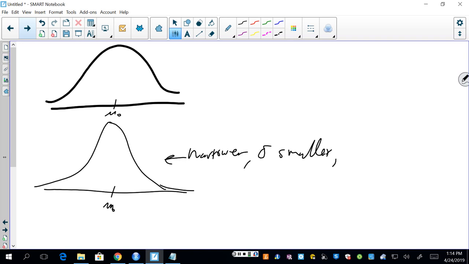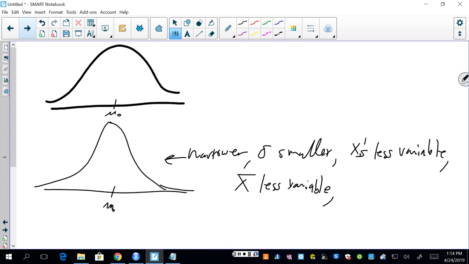So this is smaller, so then the X measurements are less variable. And that means that X bar is less variable. And then the distance from the lower control limit to the upper control limit is more narrow.